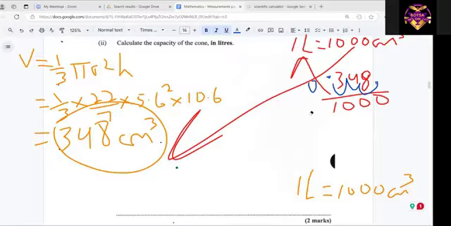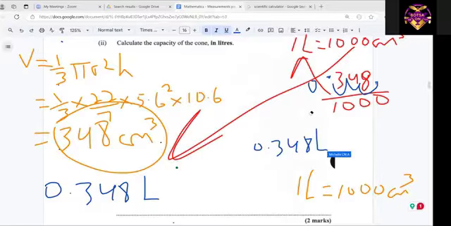In other words, to convert that to liters after dividing, I will end up with 0.348 liters.